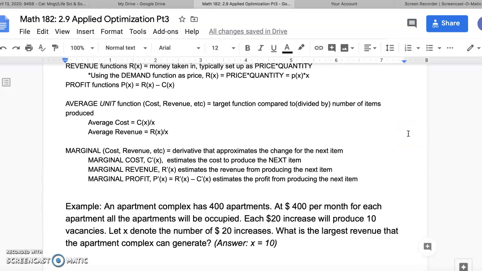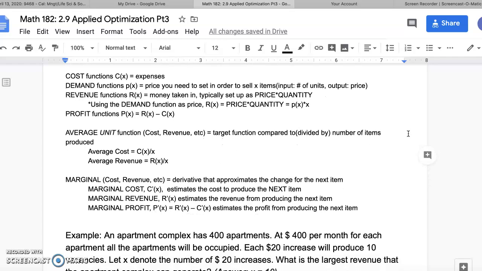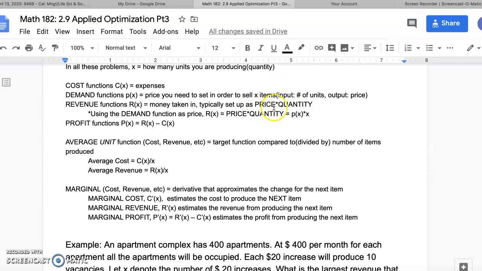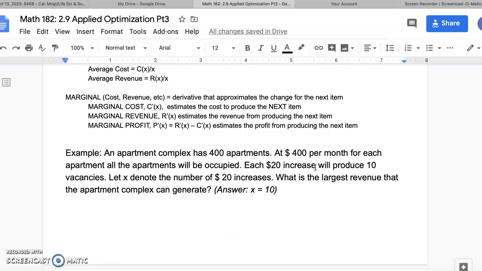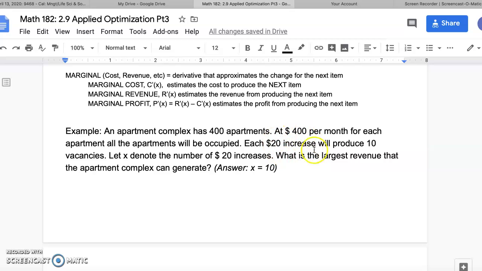Normally, revenue, as I mentioned earlier, is price times quantity. Well, we're not selling anything, but we are renting out the apartments, and at the moment, we're renting them out for $400. So $400 per apartment times 400 apartments would give us our revenue.